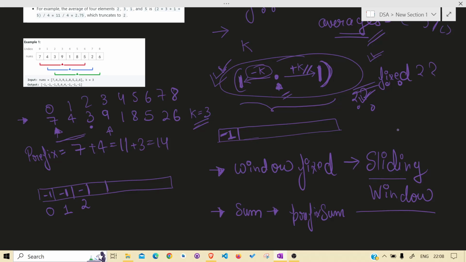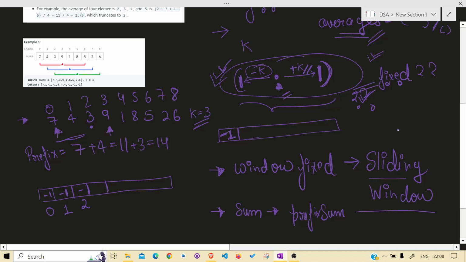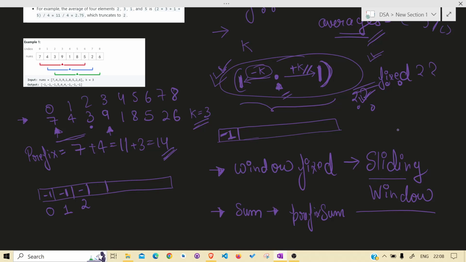We have the index and we also have the sum. But if you carefully see the window size, it's k plus k plus 1. So the window size is 2k plus 1.